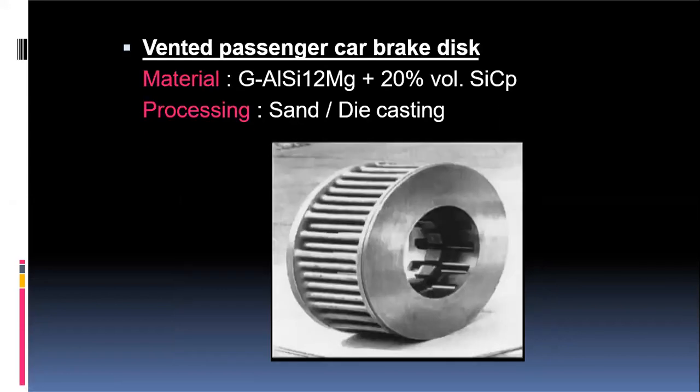Next, the second application is the vented passenger car brake disc. These car brake discs are also made using metal matrix composites. The material used in the car brake disc is aluminum, silicon and magnesium. 80% of the matrix is aluminum, silicon and magnesium, and the remaining 20% is SiCu, that is silicon and copper.